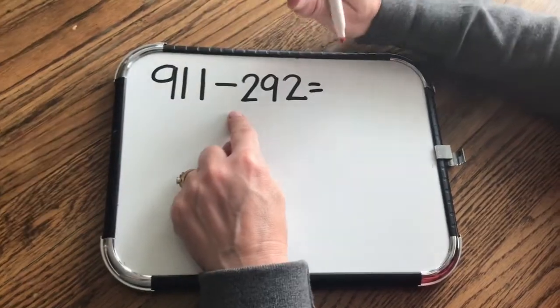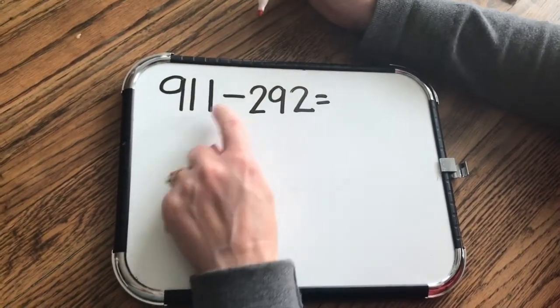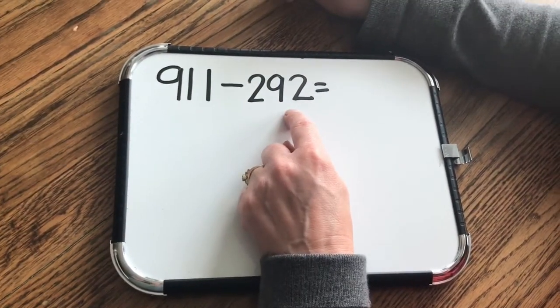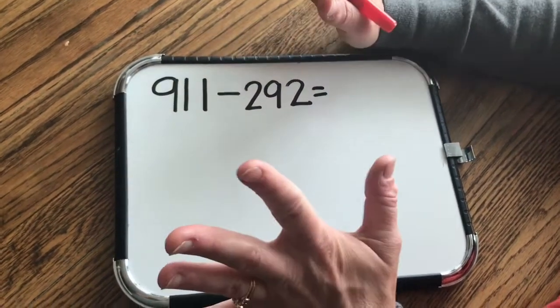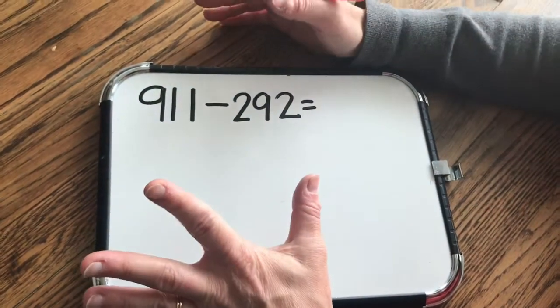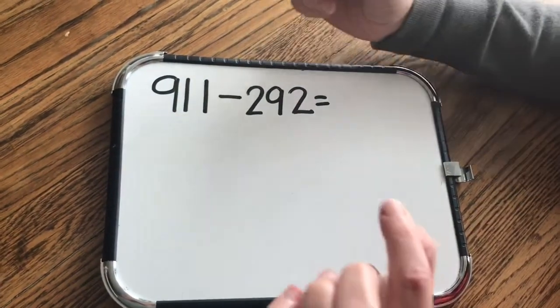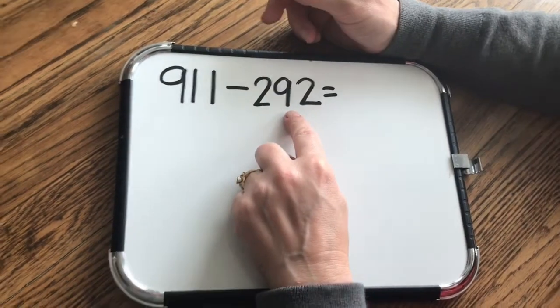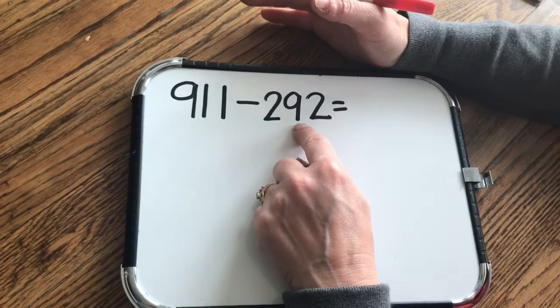Here's another great equation to use compensation with, 911 minus 292. Remember, I said that compensation works well when the subtrahend is close to a multiple of 10, or in this case, a multiple of 100. 292 is very close to a multiple of 100 because it's got a 9 in the tens place.